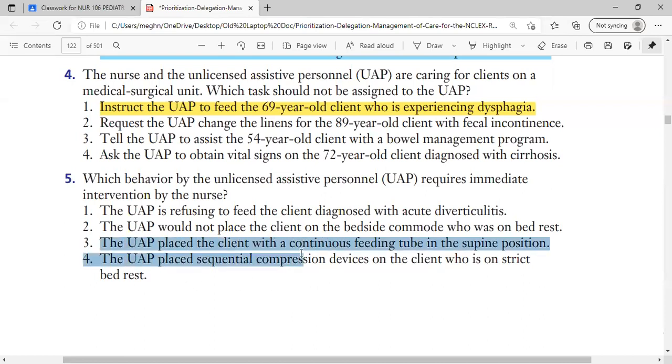So our answer is this one because it is wrong, right? Not supine. Fowler position or high Fowler position to prevent aspiration pneumonia. Number 4, the UAP can place a sequential compression device on a client. Therefore, this does not warrant immediate intervention.